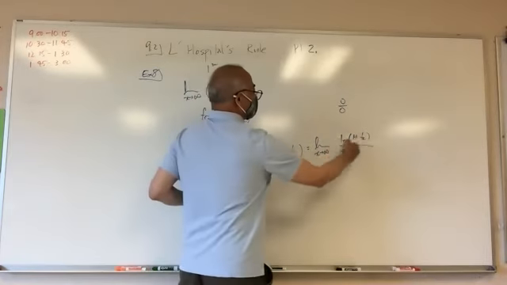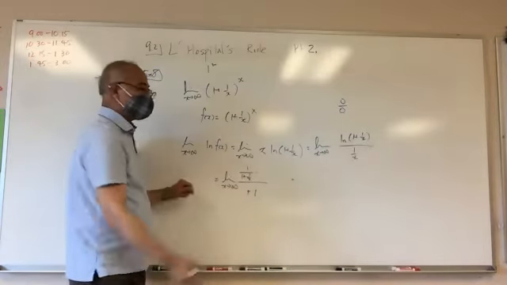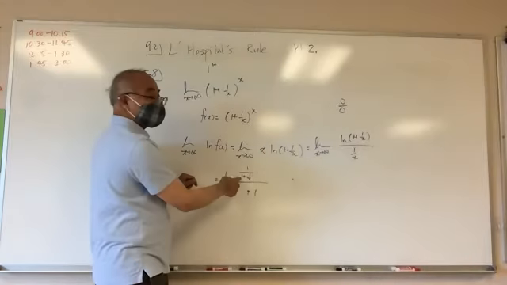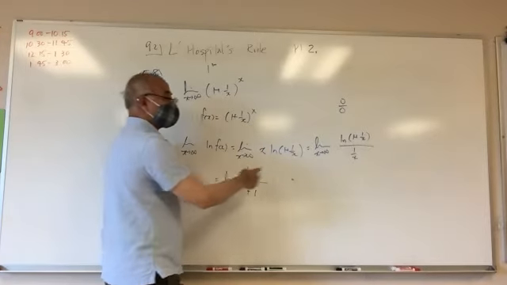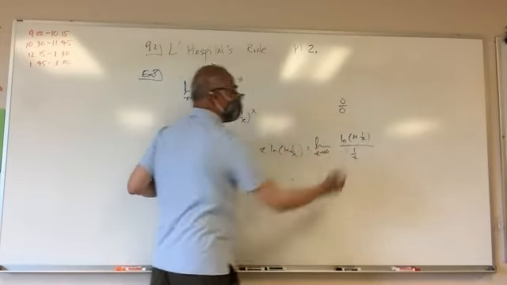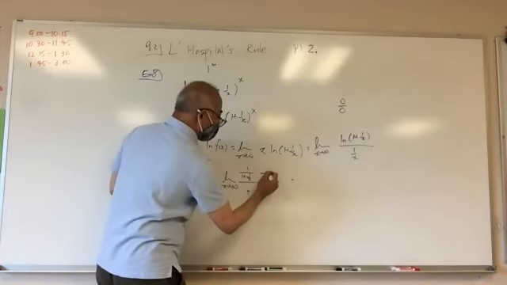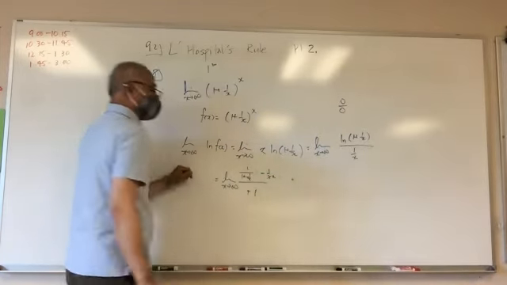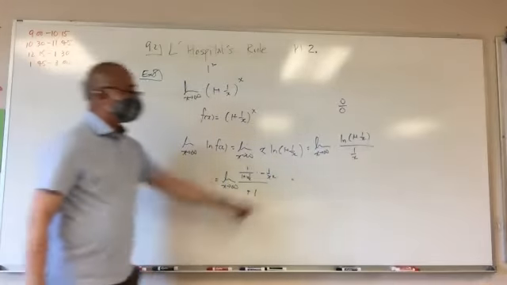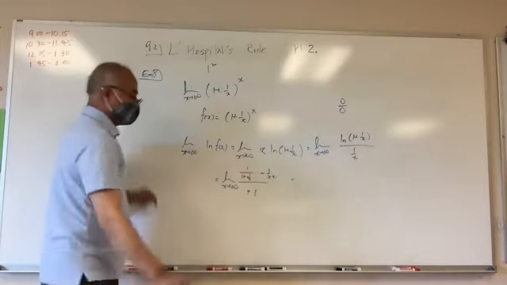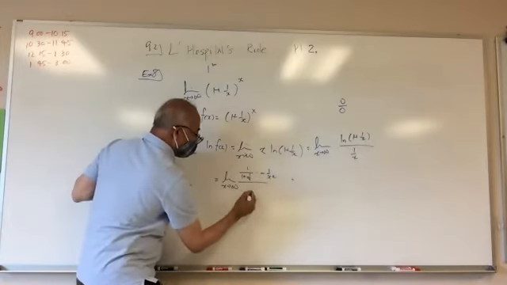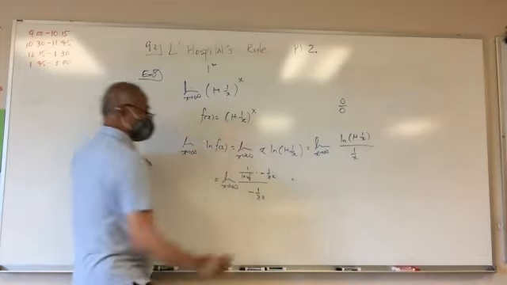Let's just take the derivative of this, right? The derivative of this is 1 over this. The chain rule says I have to take the derivative of the inside too. So I take the derivative of this, I get negative 1 over x squared. I can take the derivative of the bottom, which is again negative 1 over x squared.